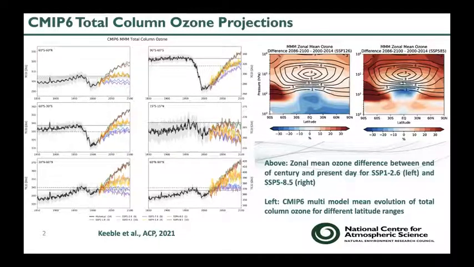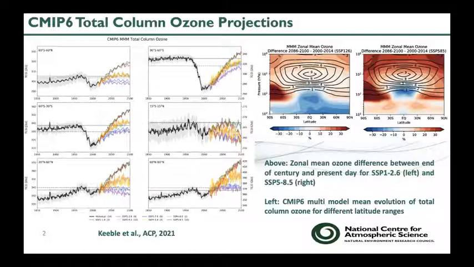And what we see is that despite all these scenarios abiding by the restrictions of the Montreal Protocol and reductions in principally CFC11 and CFC12 emissions, but other halogenated ODSs as well, we see projected ozone recovery in these scenarios.